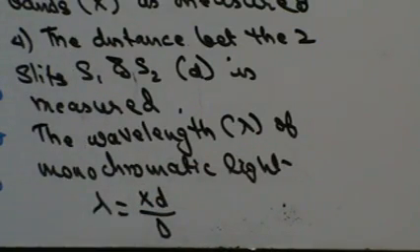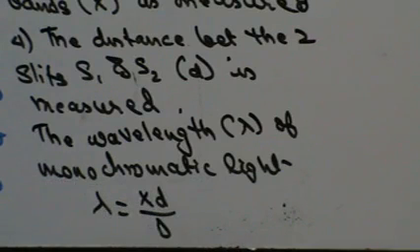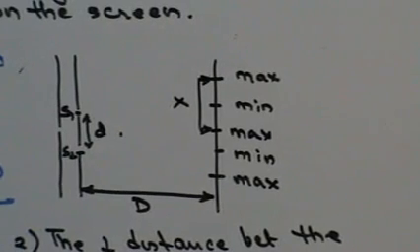The wavelength of a monochromatic light is nothing but fringe width into the distance between the slits divided by the distance from the screen. Fine. So do you understand how we use Young's double slit experiment? Young's double slit experiment gave us the formula for the wavelength of light. Fine, do we get this thing here?